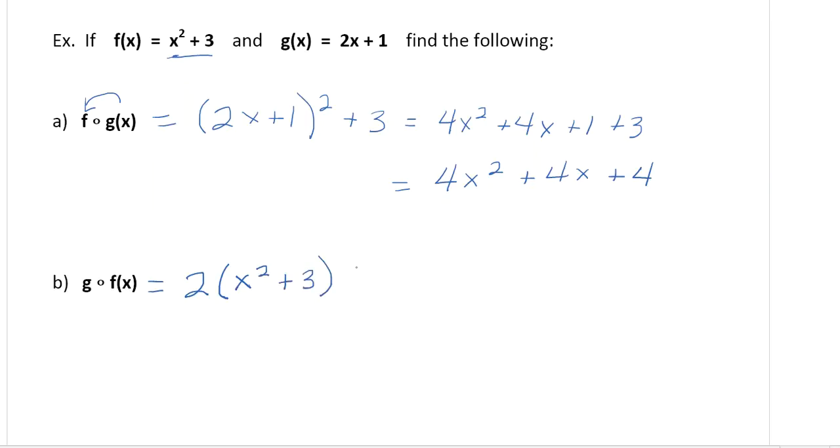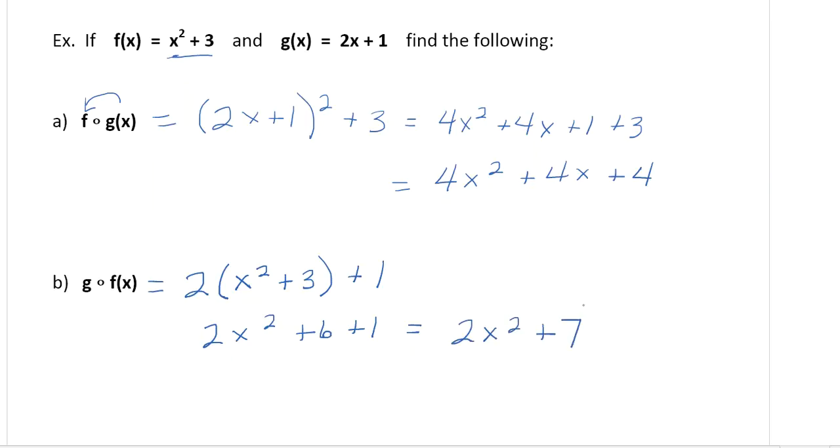So here just distribute the 2, 2x squared plus 6 plus 1, so all that's left to do is combine your 6 and 1, and we get 2x squared plus 7.